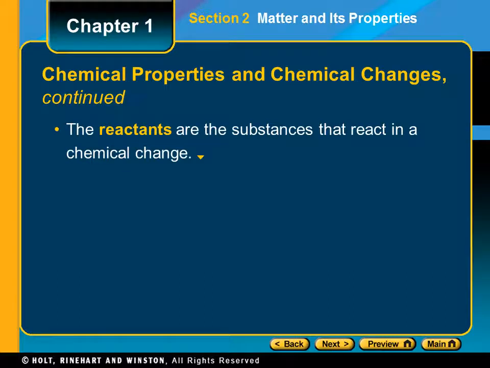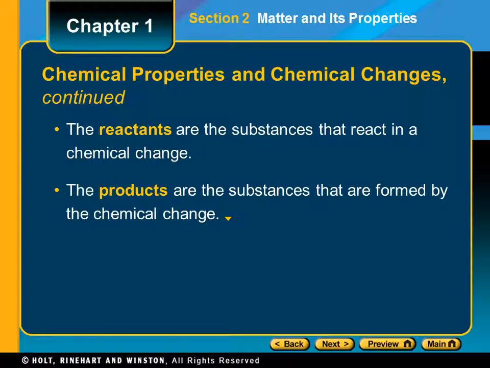The reactants are the substances that react in the chemical change. So the reactants are the things that you start with. Okay, if I have, let's see, if I have hydrogen and I have oxygen separate from each other, those are the reactants.